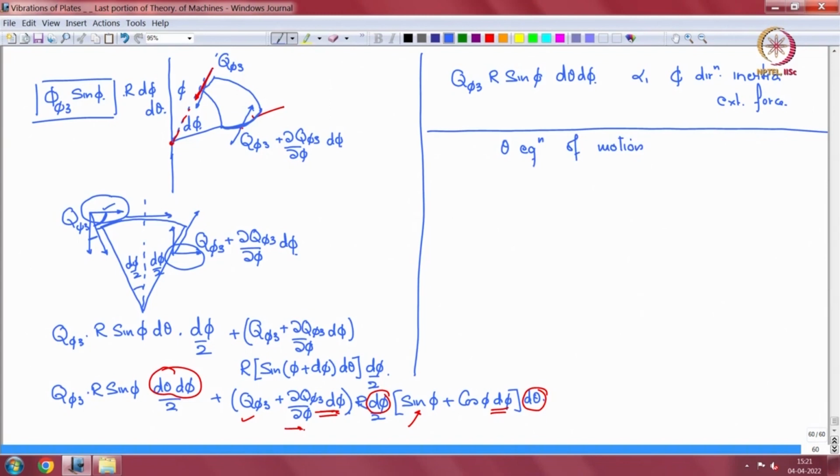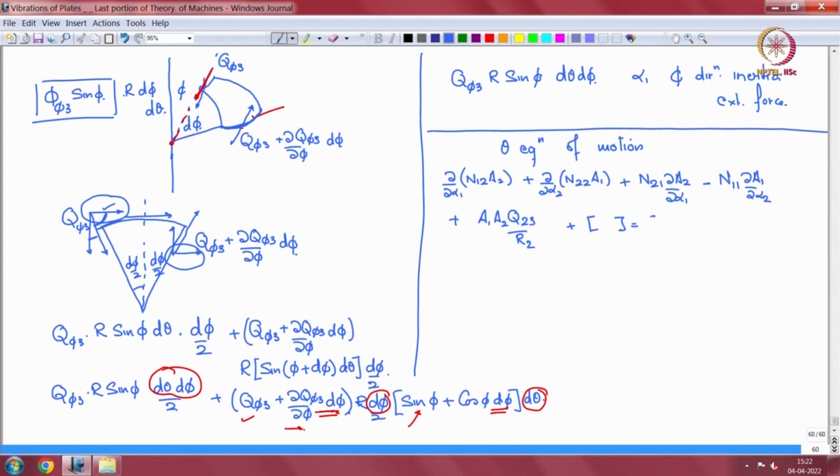And after all the corrections and sign changes I will give you, what we have is del alpha 1 n1 2 a2 plus del alpha 2 n2 2 a1 plus n21 del a2 del alpha 1 minus n11 del a1 del alpha 2 plus a1 a2 q2 3 by r2 plus the external force is equal to the inertia.